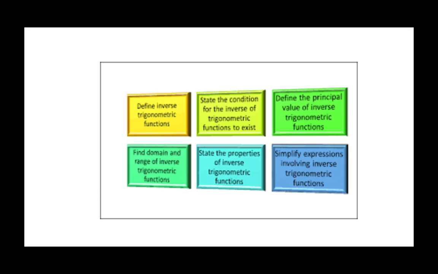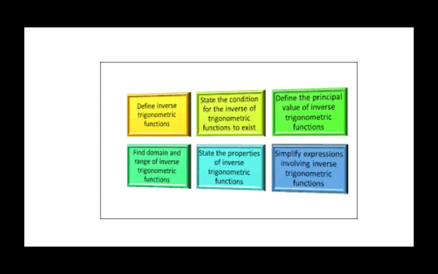Then we can also see the domain and range of inverse trigonometric function. If an inverse trigonometric function is given, then what is meant by the domain and what is the range of the inverse trigonometric function.